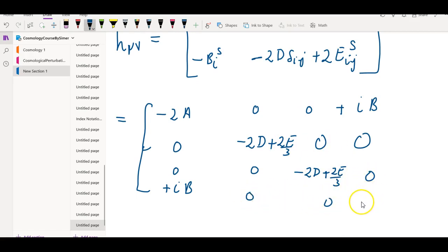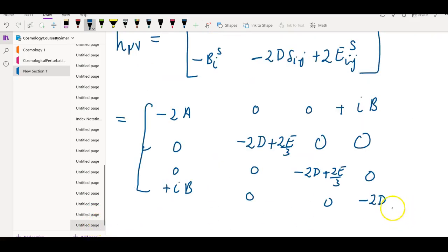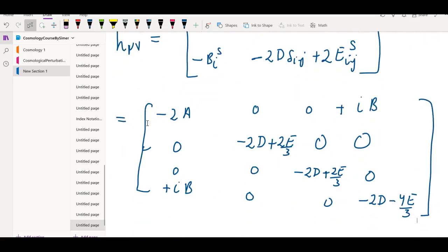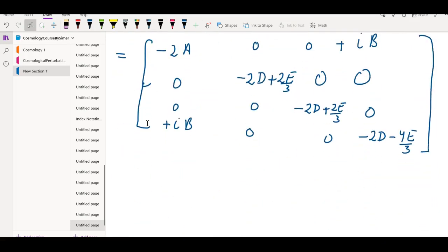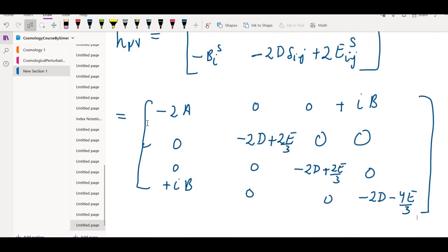Then we have minus 2d and minus 4e by 3. This is the scalar part of h mu nu.